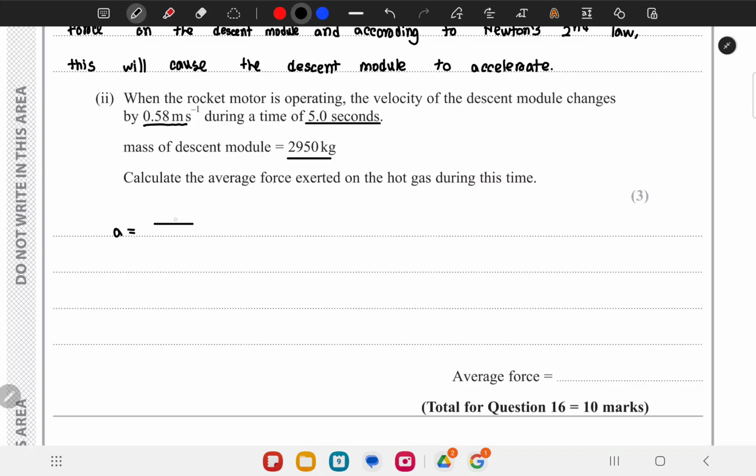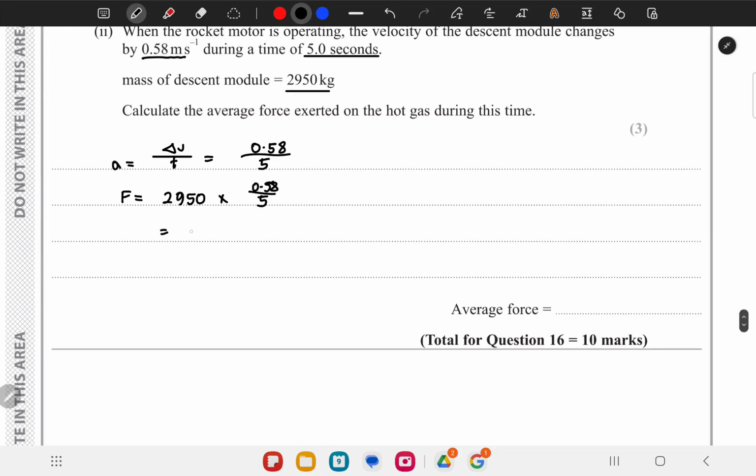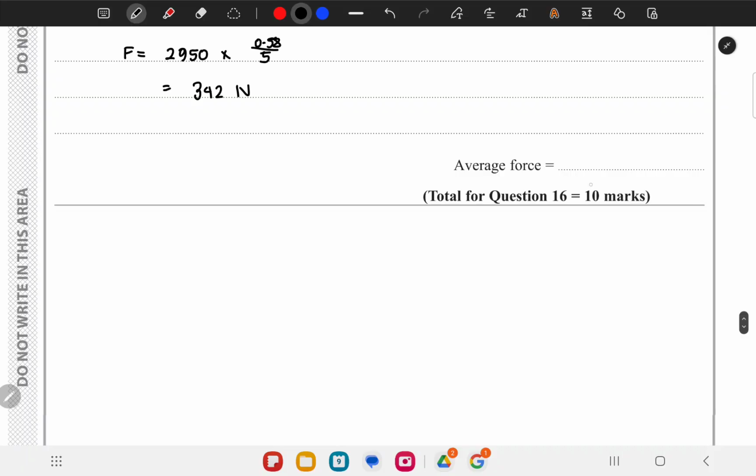Acceleration is the rate of change of velocity, so change in velocity per time. The change is 0.58, the time is 5 seconds. The acceleration is 0.58 by 5. We also know the mass, which is 2950. From there we can find the force. The force will come out to 342.2 newtons, so 342 newtons.